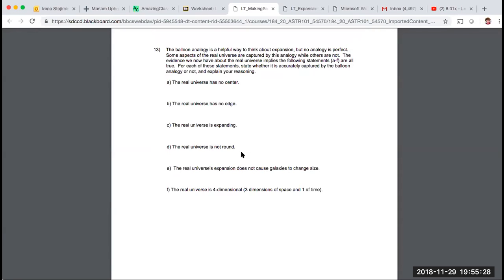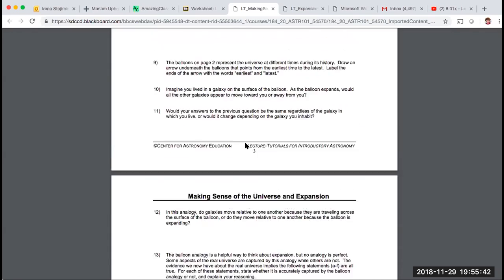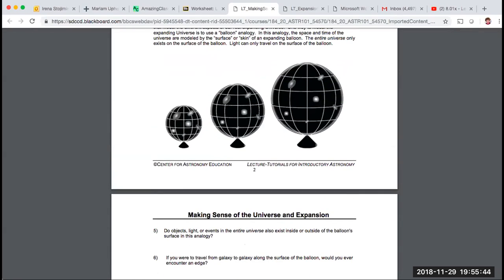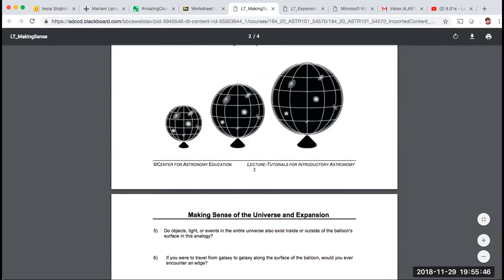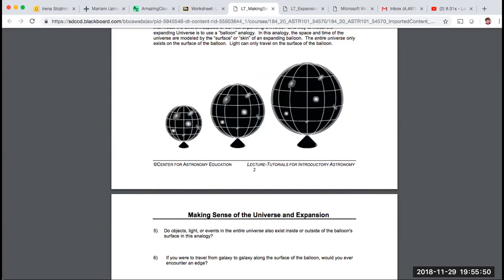The real universe is not round. So this is the fact. The real universe is not round, okay? But when you look at the balloon analogy, what do you see? It looks pretty round, right? So that's not captured. To think about our universe, you need to think about a ginormous, huge balloon, where these local things will appear pretty flat.